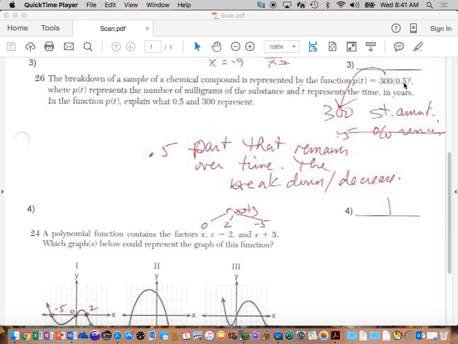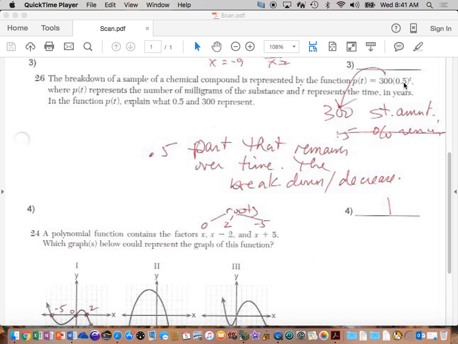So I would accept either one of them in this problem, but the best way is if they would have put like 0.7t, that's the fractional part that remains. The part in the parentheses is what remains.